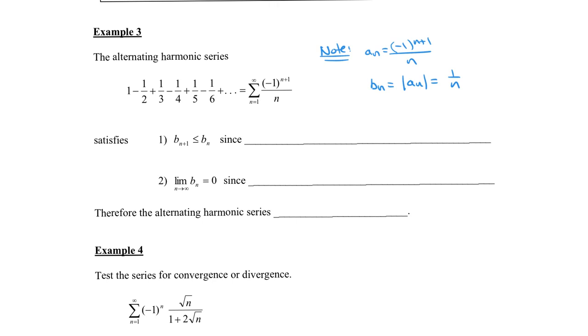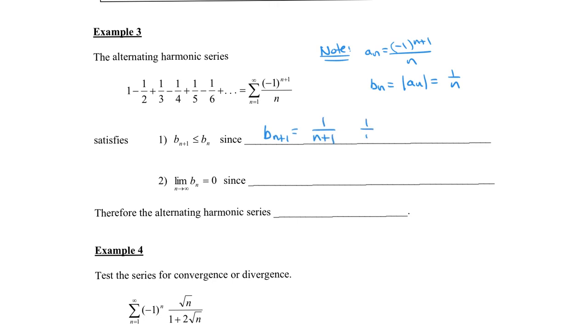So if I want to show that the terms are decreasing in absolute value, right? They're decreasing in absolute value. I just need to use the absolute value of a sub n. And then this is easy, because if b sub n is 1 over n, I'm going to replace this n with an n plus 1, right? So I could say this. B sub n plus 1 is equal to 1 over n plus 1.